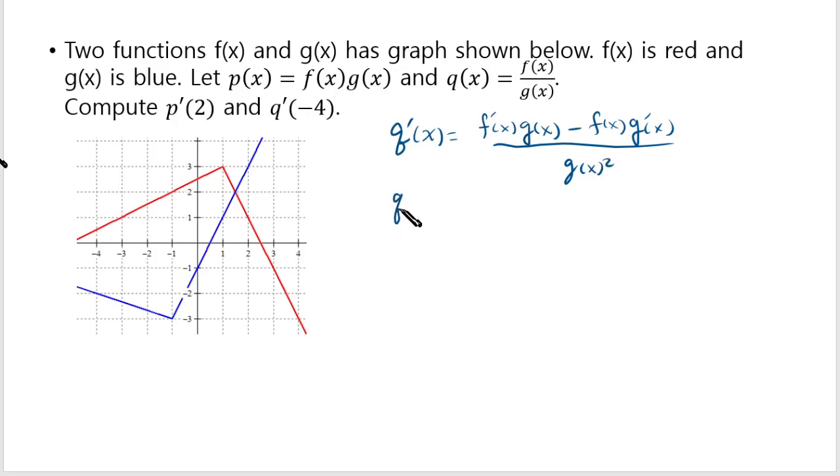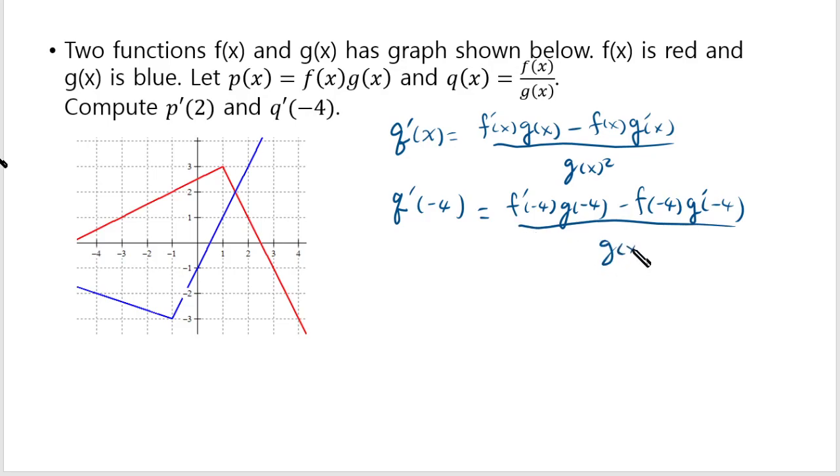And therefore, to figure out q'(-4), you would need to evaluate f'(-4)g(-4) minus f(-4)g'(-4), over g(-4) squared. Okay, so now we go to -4, and we'll try to answer all these questions.